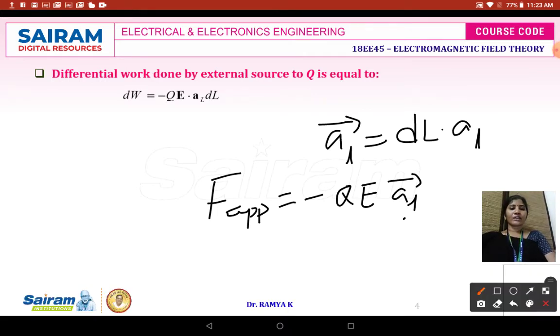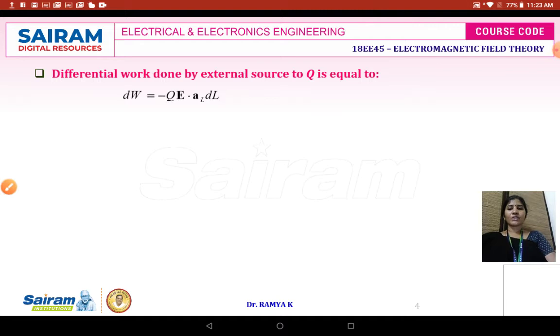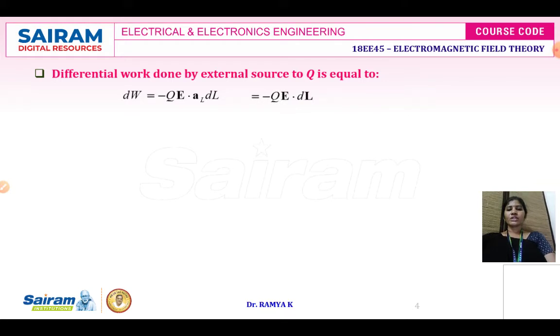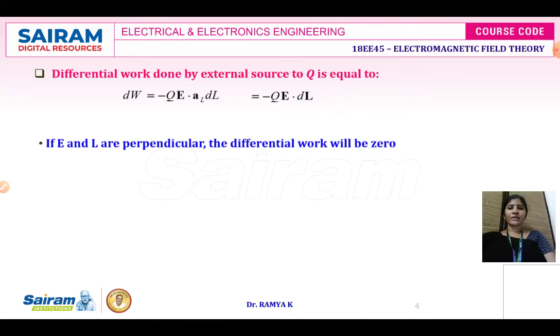Therefore, in the differential work equation, dW = -Q E · dl, where dl is the differential length vector.